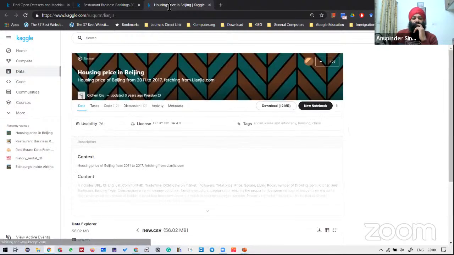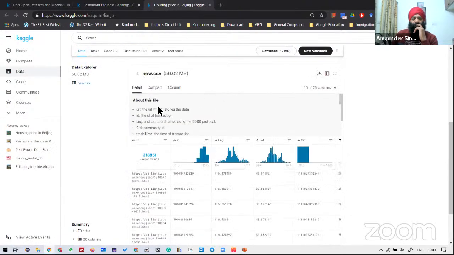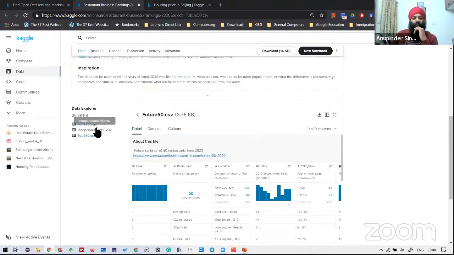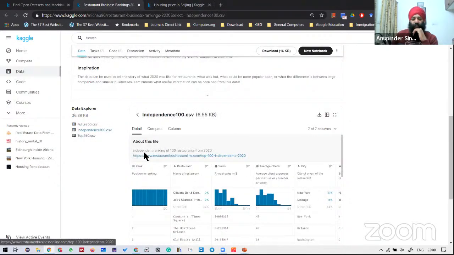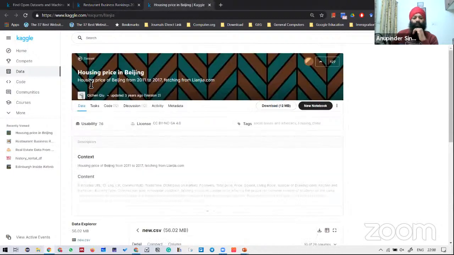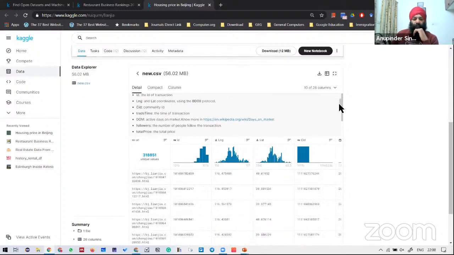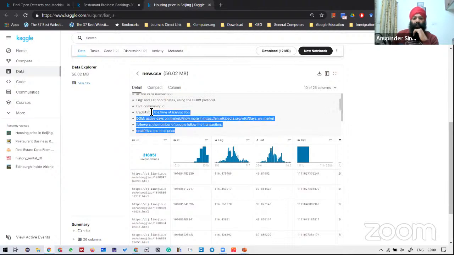Here, the difference you can see is that for the other data file I opened, the detail given was just this and the link they provided. Whereas for housing prices in Beijing, there is a CSV file provided, and all the columns, what information they have, right?